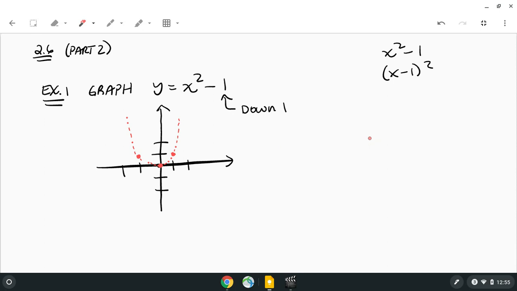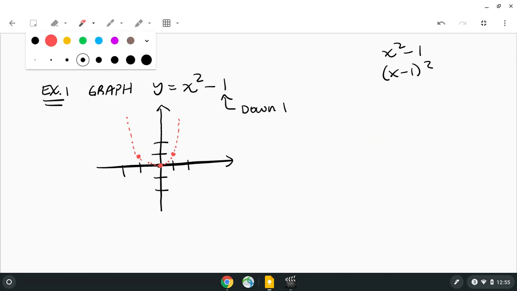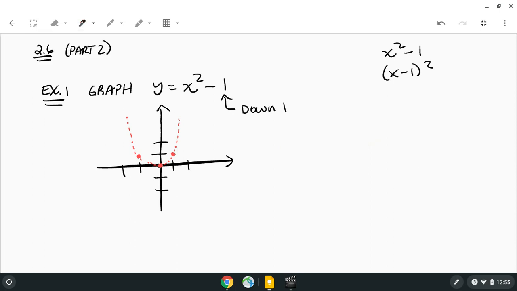Okay, so here I will do my final graph where I shift this parent function down 1, and I'll do it in black. I'm going to take all 3 of these points, and like this says, I'm going to shift it down 1. So this one will shift down 1 to right there. This point will shift down 1 right there.